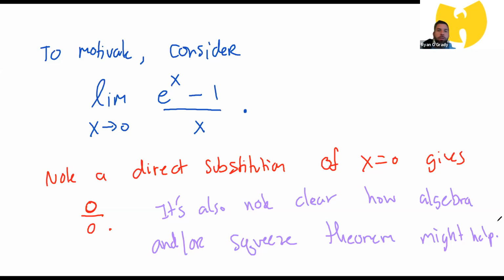There's really no way to factor the numerator, so you can't cancel anything out like we've done in the past. And it's not obvious at all how the squeeze theorem might apply.